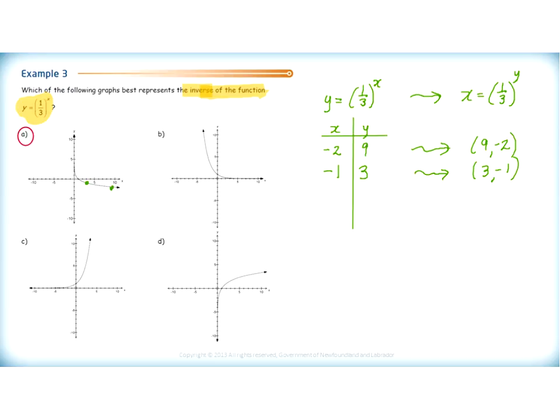And that is true for part A. Similarly, 0 and 1 will get mapped onto 1 and 0. The point 1 and 1/3 will get mapped onto 1/3 and 1. So that confirms that part A is the solution for this example.